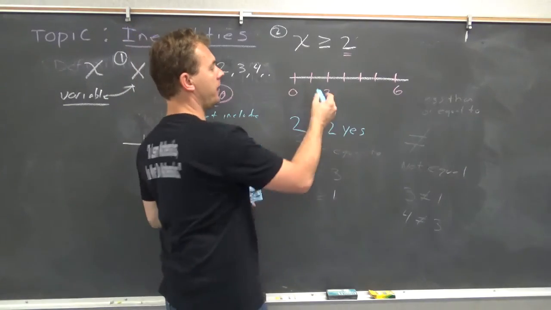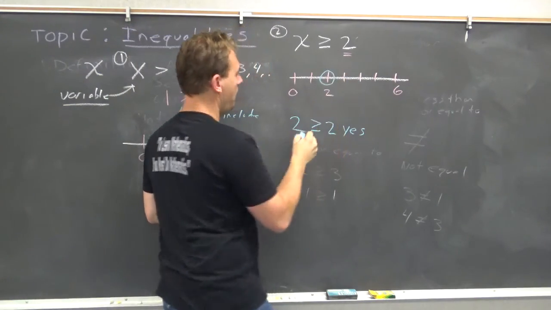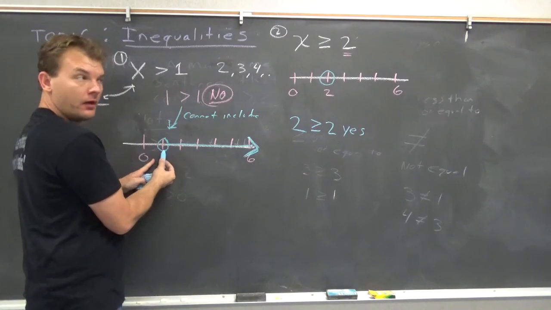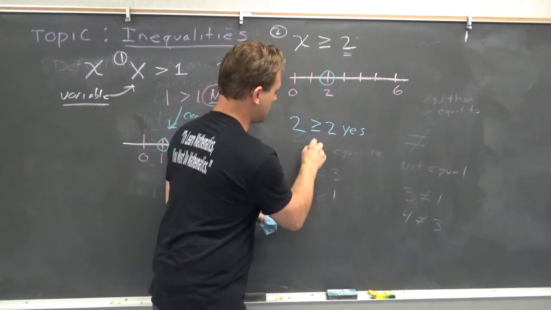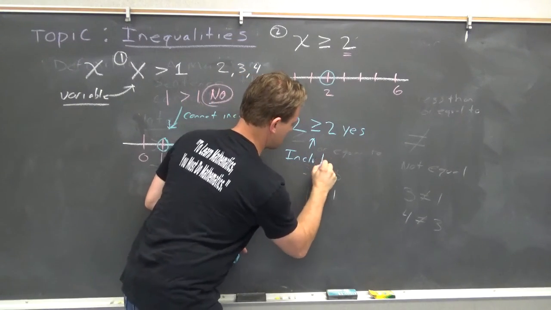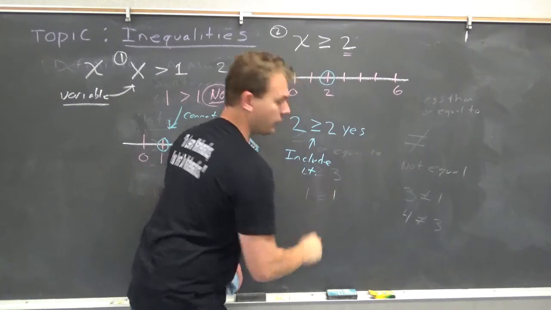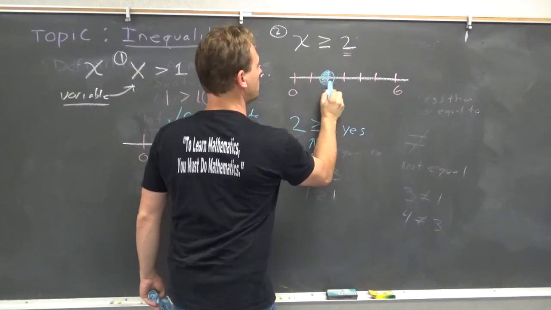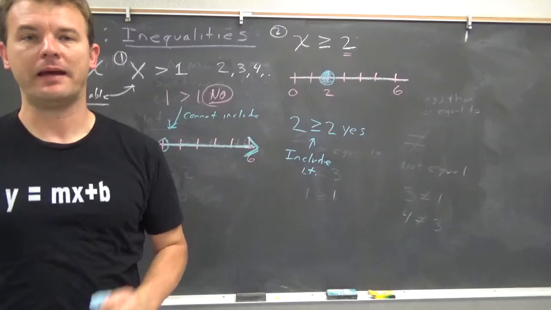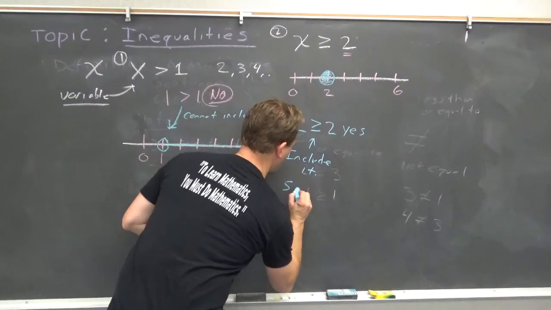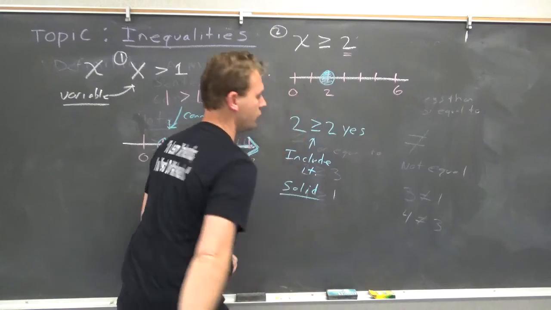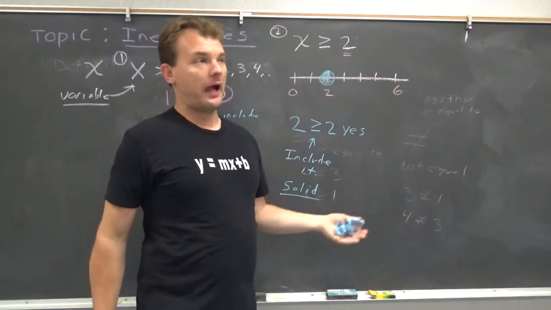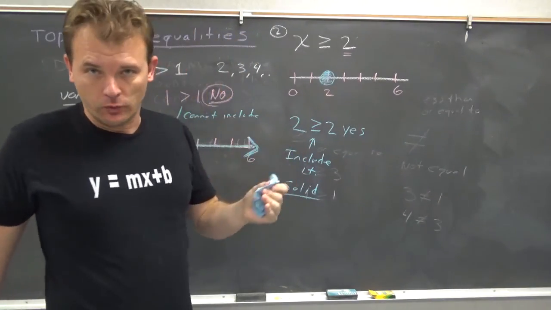That means you're going to put a circle at 2, but instead of having it open, you're going to include it this time. You're going to solid it in. Make it solid, because you can include it. This tells people or mathematicians that you can have 2 as an answer.